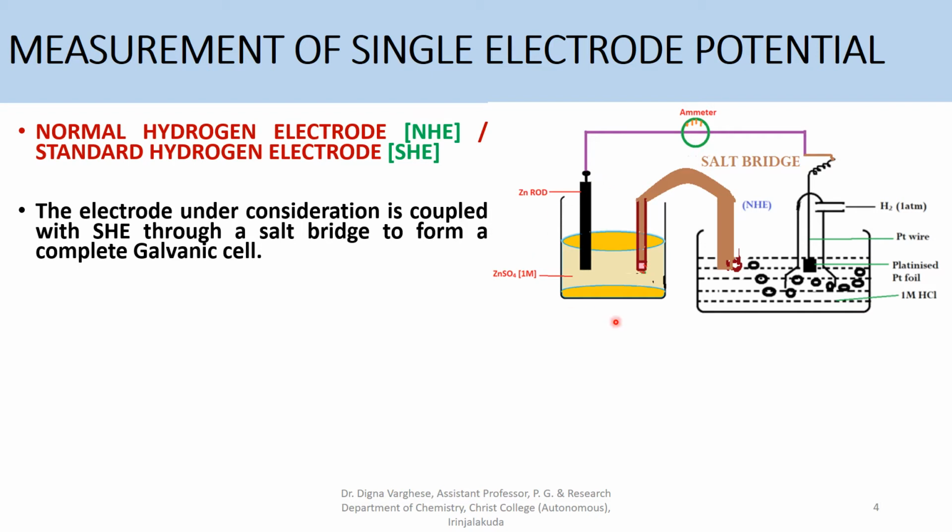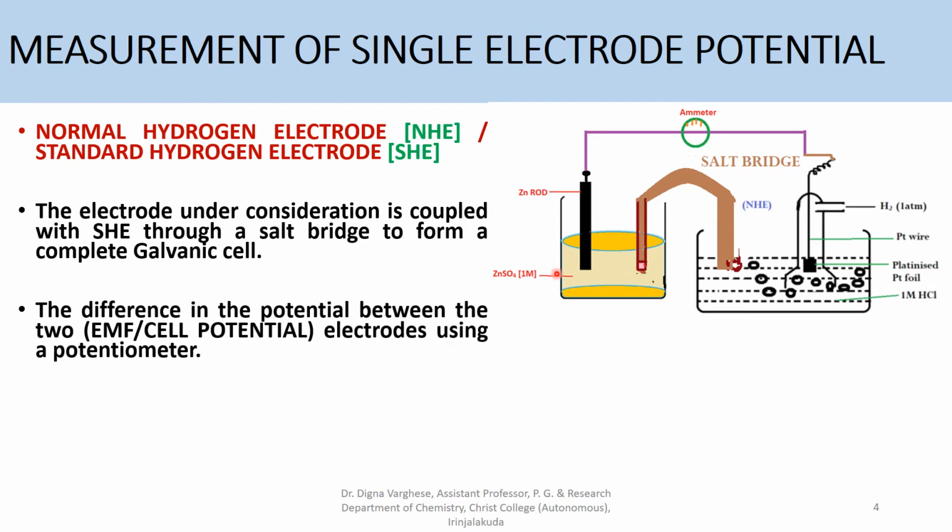If we have to measure the zinc electrode potential, we couple the zinc in zinc sulfate solution, that is a half cell, with a reference electrode, here a standard hydrogen electrode or normal hydrogen electrode, by a salt bridge, and we can measure the electrode potential of the zinc electrode. The difference in the potential between the two electrodes, here the zinc electrode and the hydrogen electrode, is measured using a potentiometer.